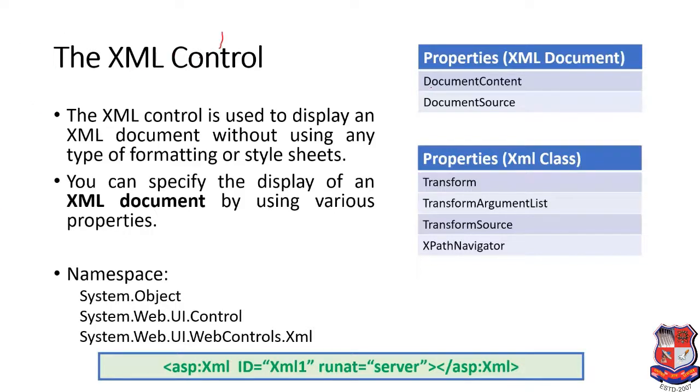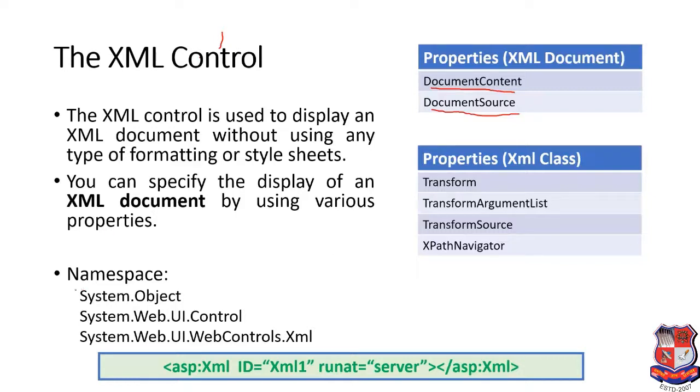First is DocumentContent. It specifies a string that contains the XML document that is to be displayed in the XML control. Next is DocumentSource. DocumentSource specifies the path of the XML document that is to be displayed in the XML control.